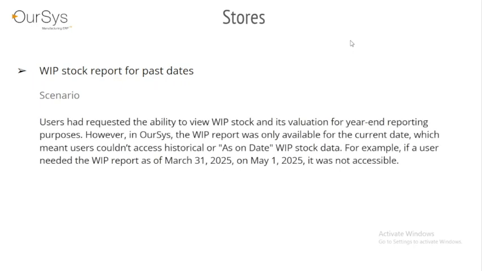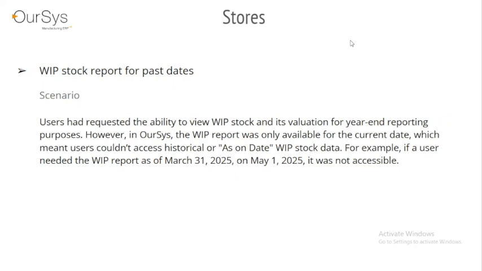Then the next feature, that is the WIP stock report for past data. This is the most important report in order to have a value of WIP. The scenario was that users had requested the ability to view WIP stock and its valuation for year-end reporting purposes.